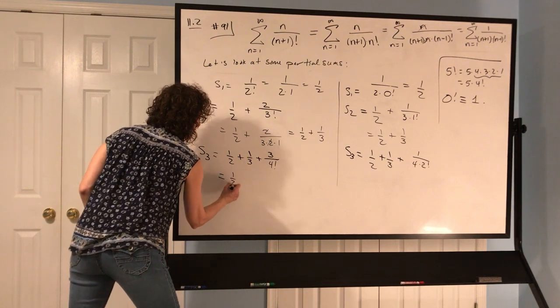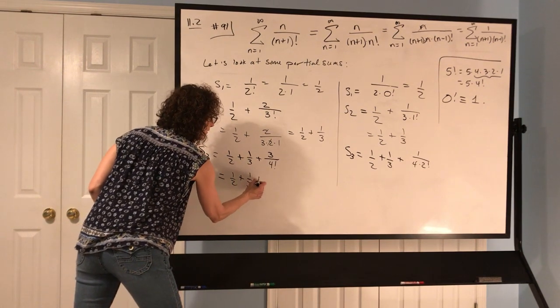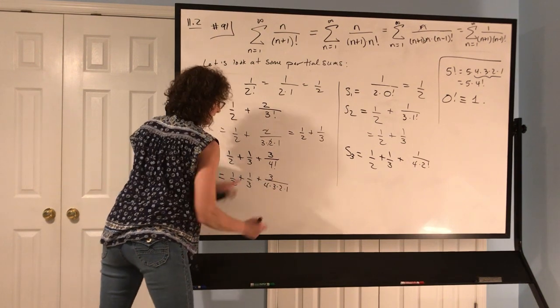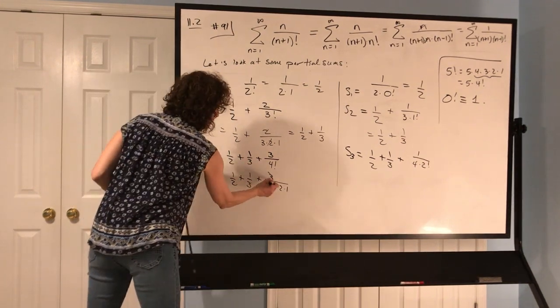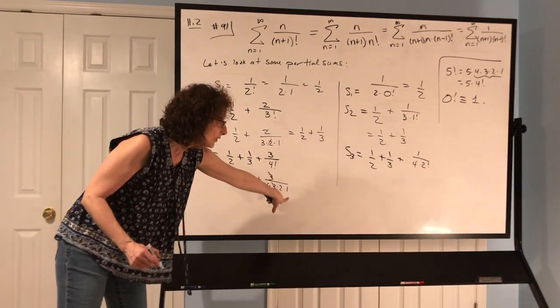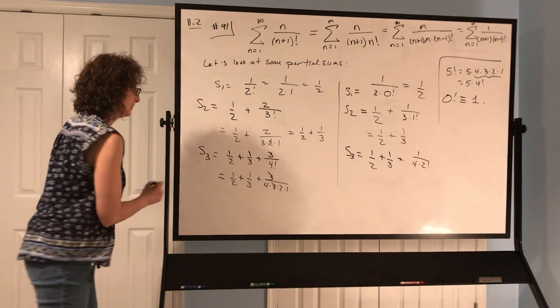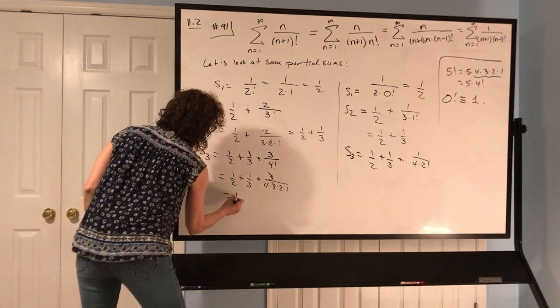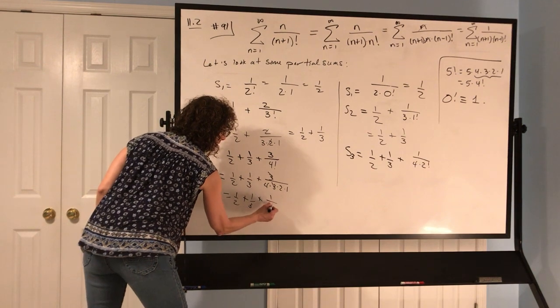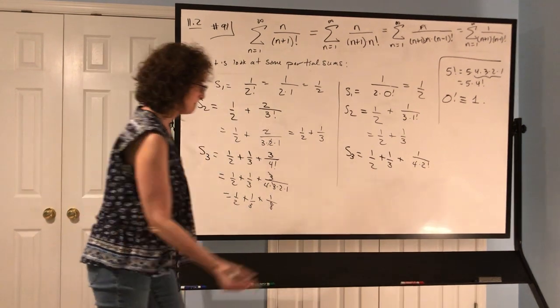So here we have 1/2 plus 1/3 plus 3 divided by 4 times 3 times 2 times 1. That's 4 factorial, and so we have 1 over 4 times 2 factorial, which is the same as that. And so that is 1/2 plus 1/3 plus 1/8.